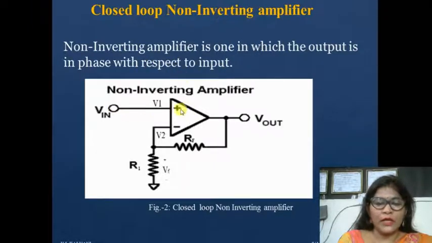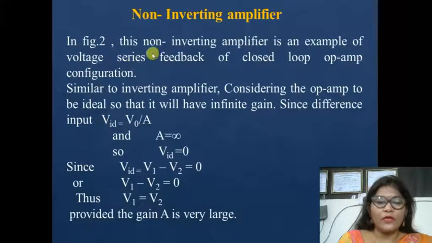Here at the non-inverting terminal the input is applied, and at the inverting terminal R1 and RF are connected, and this is the output. This is an example of voltage series feedback of closed loop op-amp configuration.